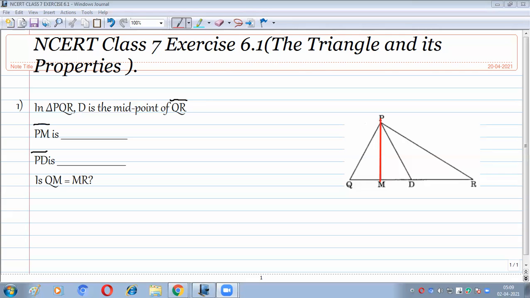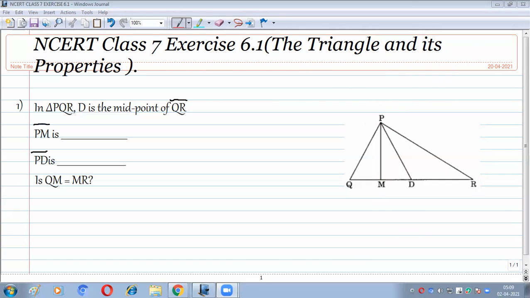So here P is the vertex and M is the perpendicular. Got my point?